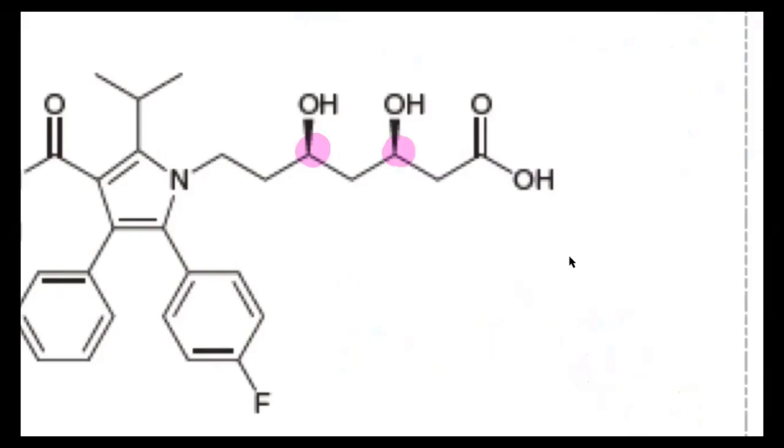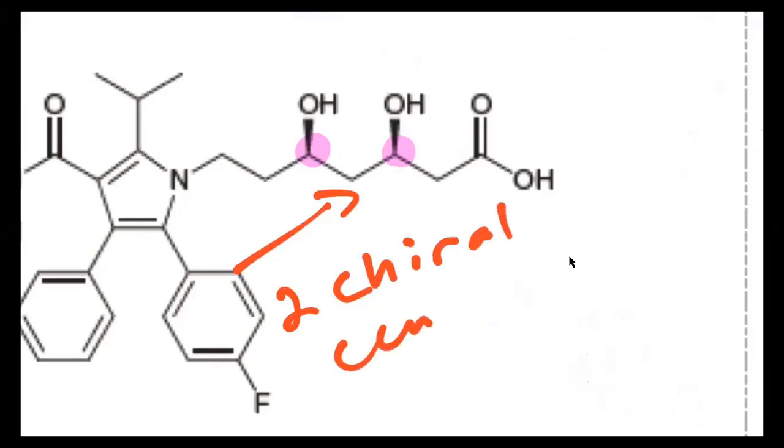Let me give you another little nugget to hold on to, and then we're going to apply that to some other examples as we move on. So let's say, for instance, in Lipitor, we've identified 2 chiral centers. We're not going to count the nitrogens.